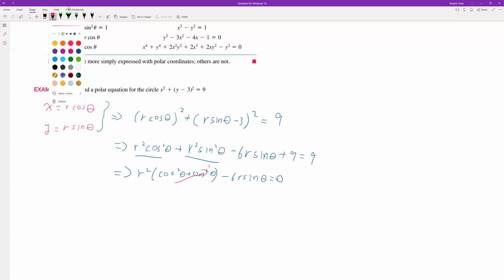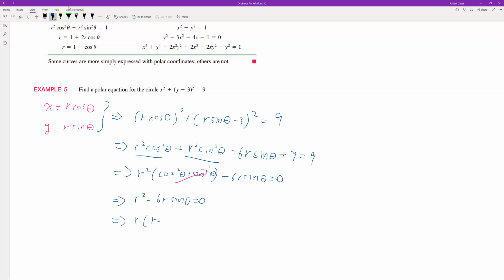So we have r squared minus 6r sine theta is equal to 0. Right? And if we try to solve this, we can factor out r and get r times (r minus 6 sine theta) is equal to 0.